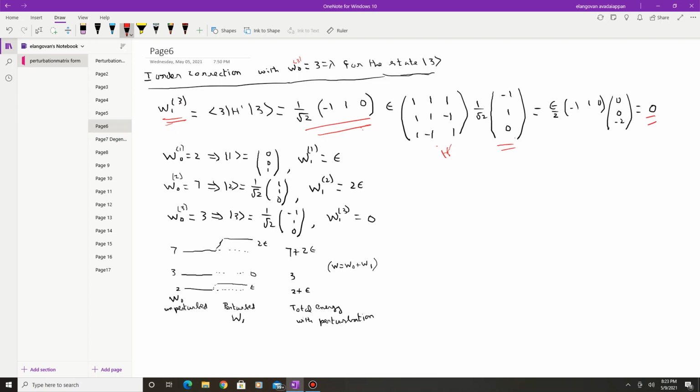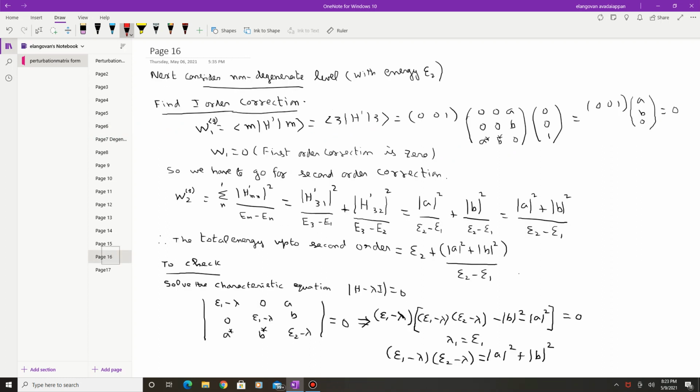Let us summarize the result. For the first state, the unperturbed energy is 2, the unperturbed state is 0, 0, 1, and the first order correction energy is epsilon.